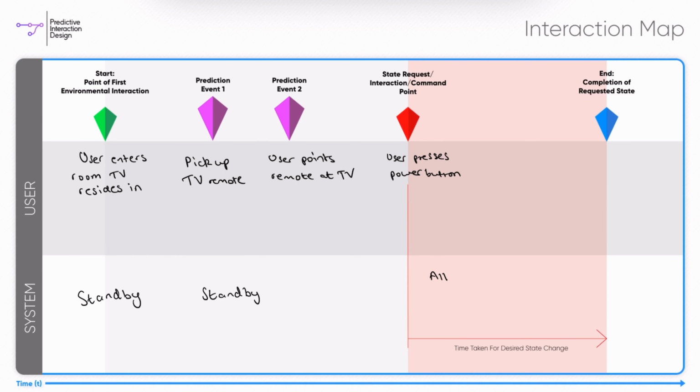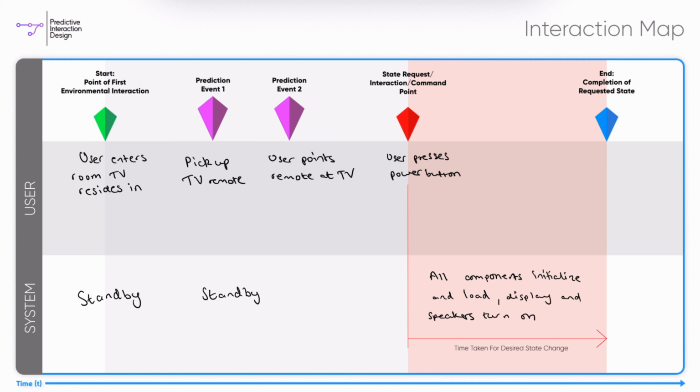So I'll write this in the system section of the interaction map here, but after the user has interacted. So all components initialize and load, and then display and speakers turn on.